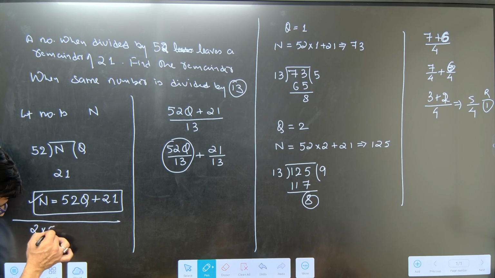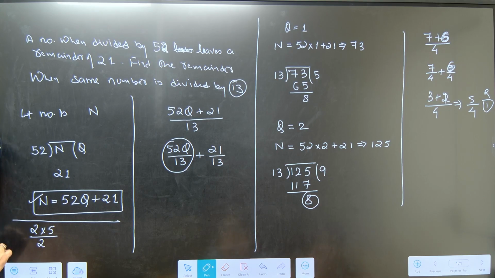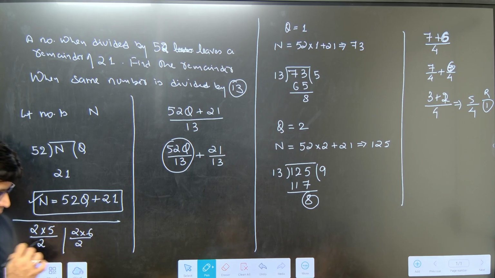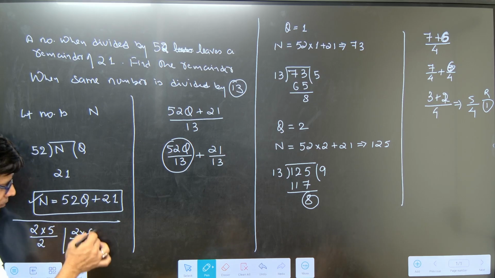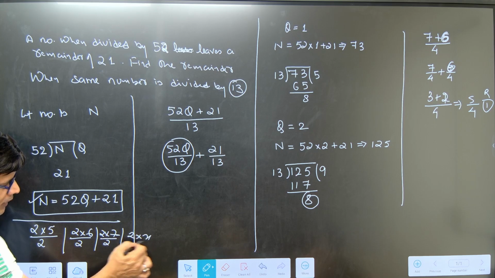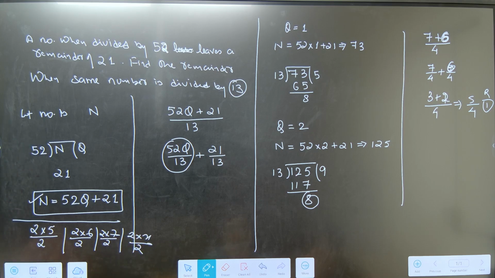2 into 5 divided by 2. What is the remainder? 0. Good. 2 into 6 divided by 2, remainder is 0. 2 into 7 divided by 2, remainder is 0. 2 into x divided by 2, remainder is 0.